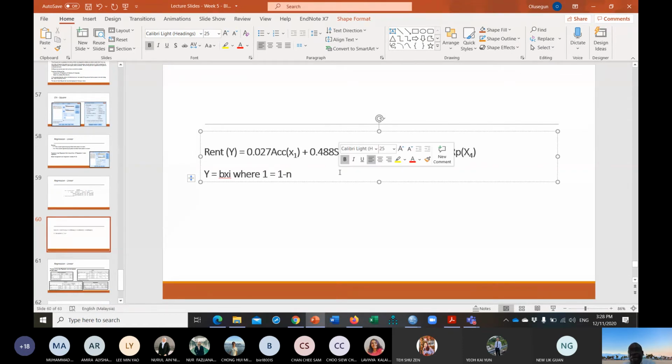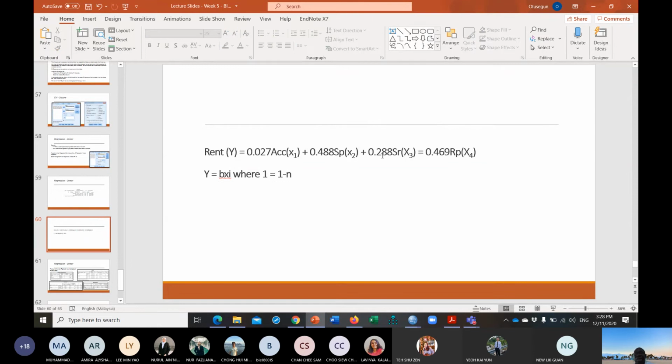What I'm trying to realize is this. We have identified these four factors: accessibility, space in terms of size, services in terms of facilities, and repairs in terms of state of repairs. This is how each has been contributing.